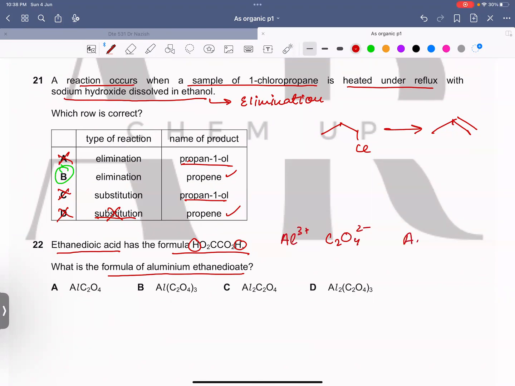So the formula would be Al2(C2O4)3, taken thrice. So B, A, and C go wrong, and D is your correct answer.